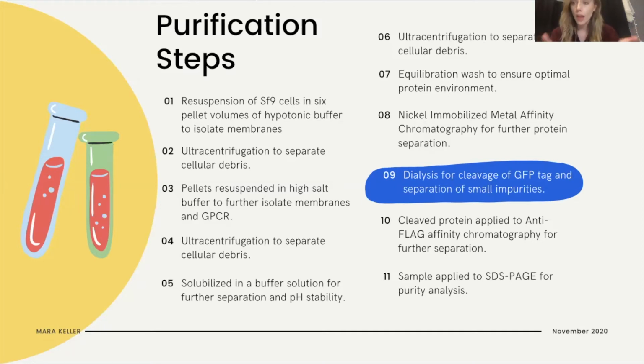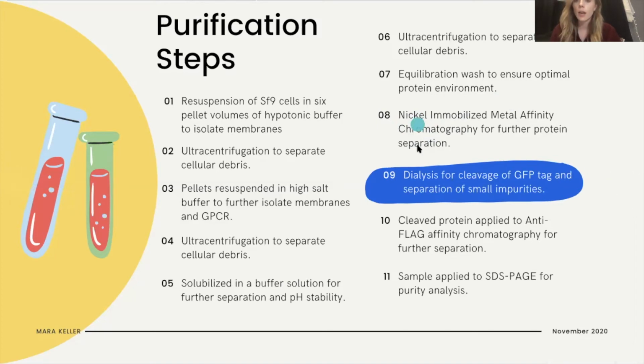For the actual protein purification, they did a lot of centrifugation, a couple times, just for major separation of cellular debris. And then they did a nickel immobilized metal affinity chromatography for further protein separation.